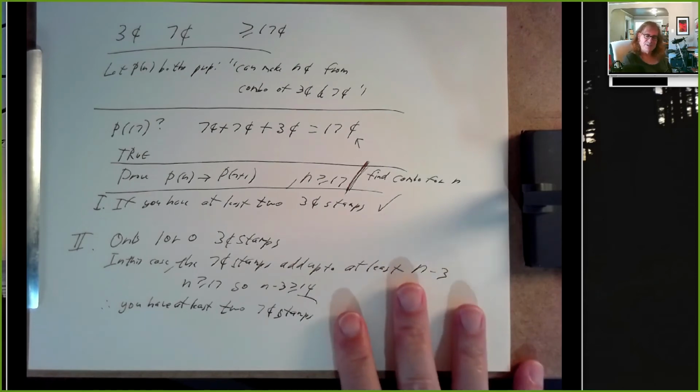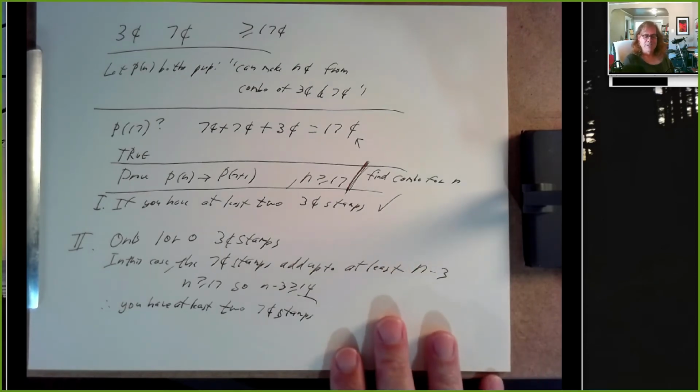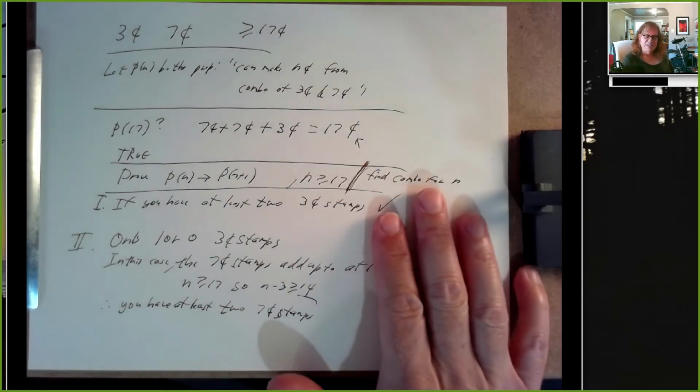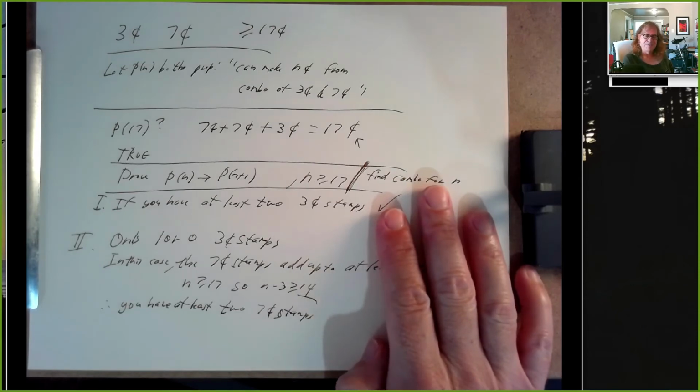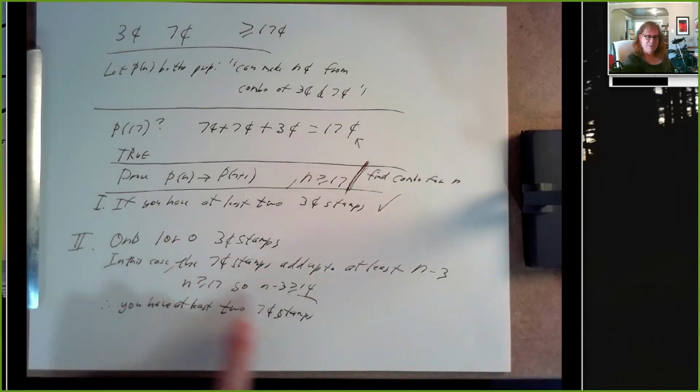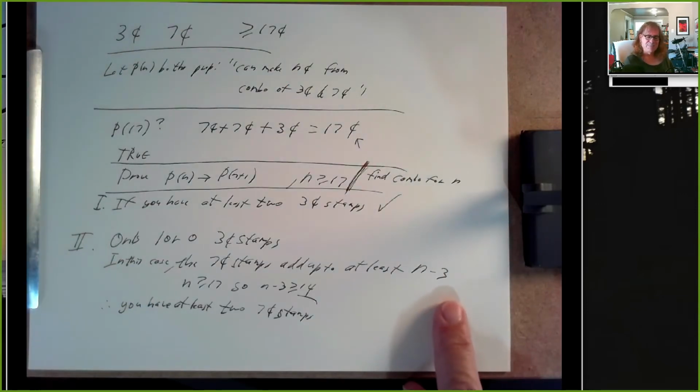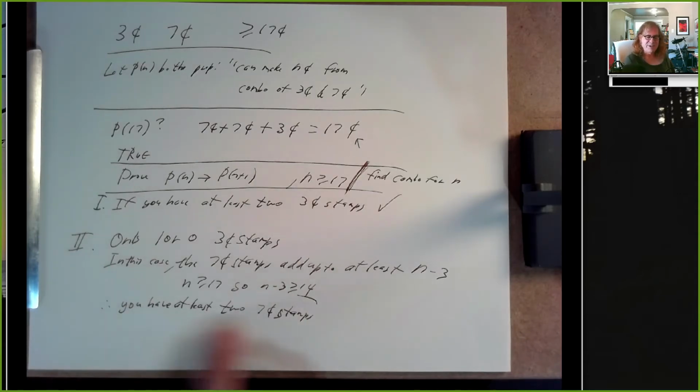They're not so easy to discover. I'm stating them, but they're not necessarily obvious. They're not something that, starting from nothing, you would immediately come to these conclusions. That takes some playing around. But they're easy to state, right? If n is at least 17 and there's at most one 3-cent stamp, then n minus all the 3-cent stamps is at least 14, which means you have at least 2 7-cent stamps.